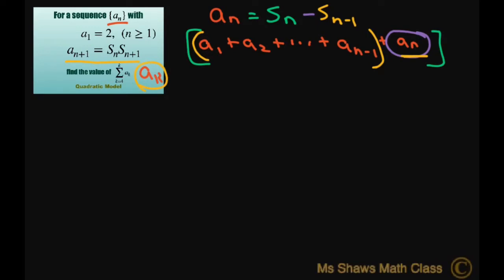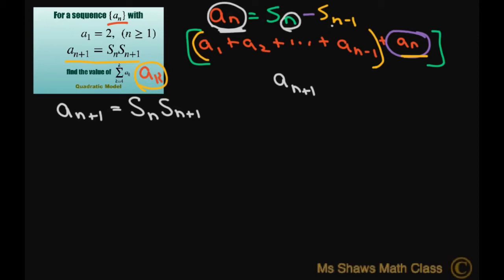And I also need to know what kind of sequence we have. Is it arithmetic, is it geometric, or whatever? So let's look at a sub n plus 1. That's given as s sub n times s sub n plus 1. We have a sub n. So if I write this one with a sub n plus 1, everywhere there's an n I'm going to put n plus 1, and that's going to give me s sub n plus 1 minus s sub n.